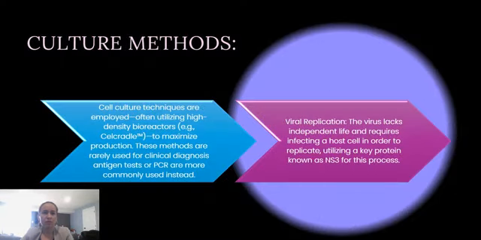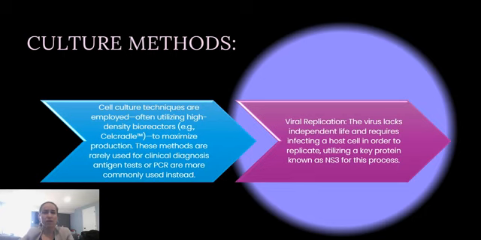Culture methods. Cell culture techniques are employed, often utilizing high-density bioreactors to maximize production. These methods are rarely used for clinical diagnosis; antigen tests or PCR are more commonly used instead. Viral replication.